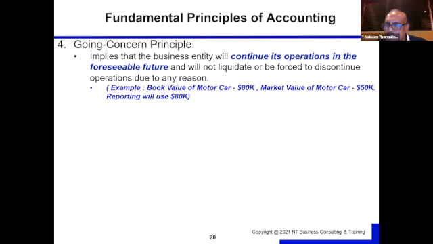The net realizable value, if you sell this motor car out in the market to a second-hand dealer, will only fetch $50,000. That's your net realizable value. So for the going concern, you will always be reporting it at the book value, not the net realizable value, unless you are deemed to be not a going concern and you're going to liquidate your business, then everything needs to be reflected at net realizable value.